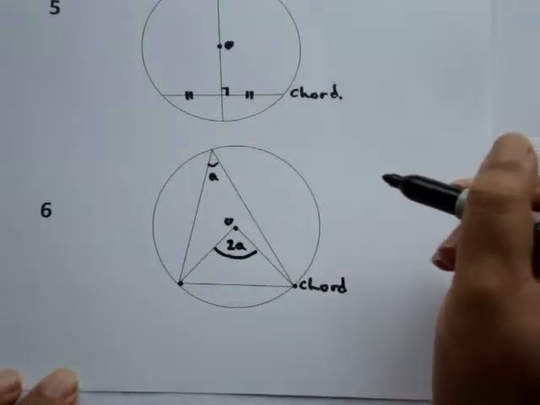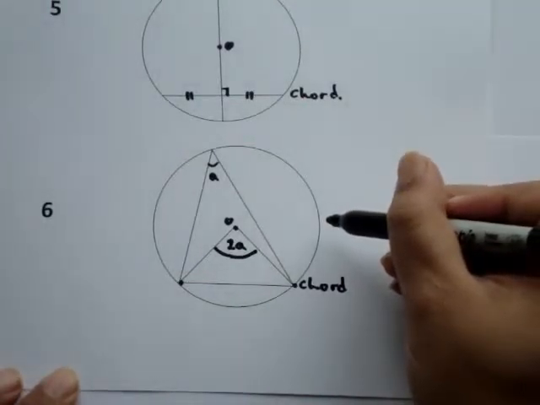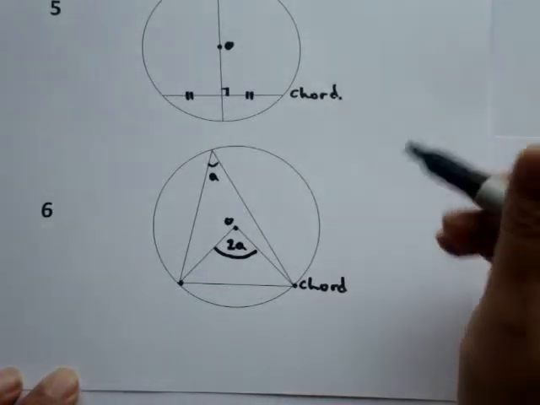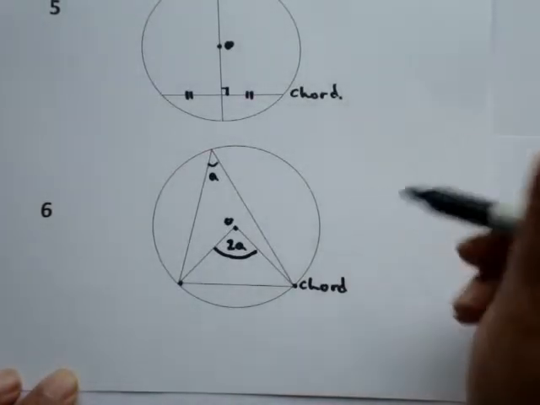So the angle at the center is twice the angle at the edge of the circle, or the circumference of the circle.